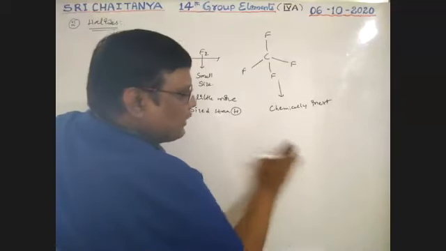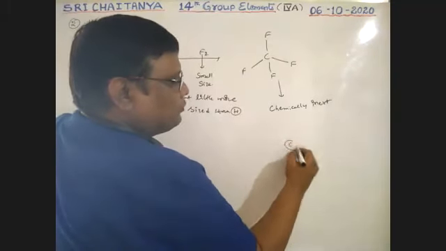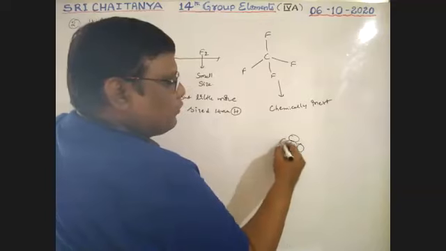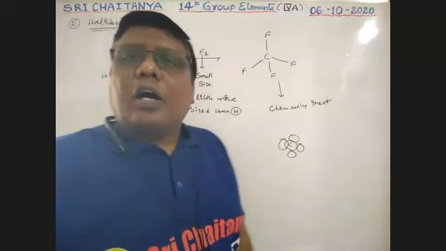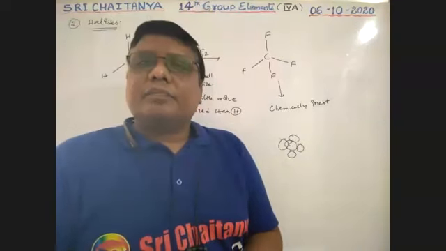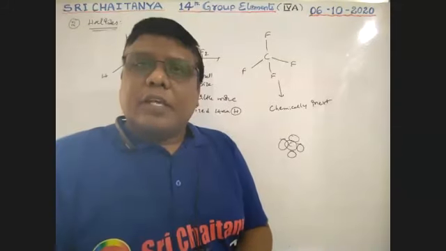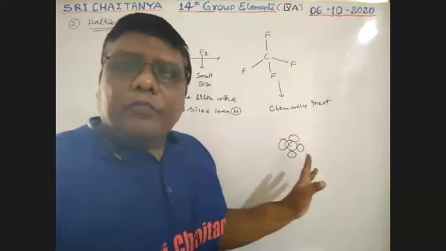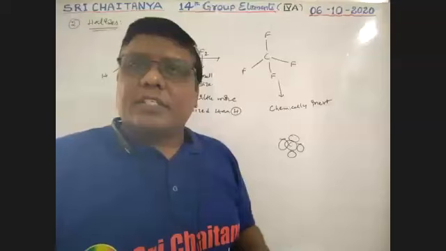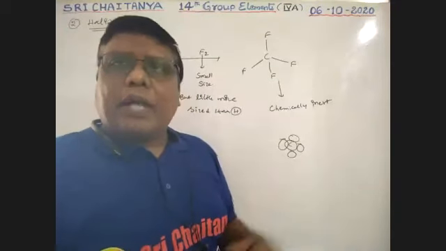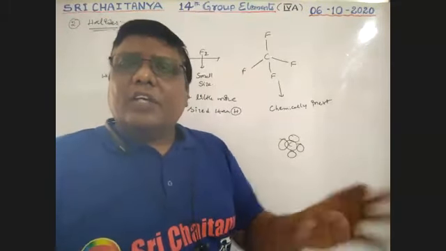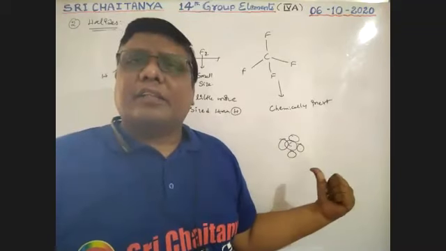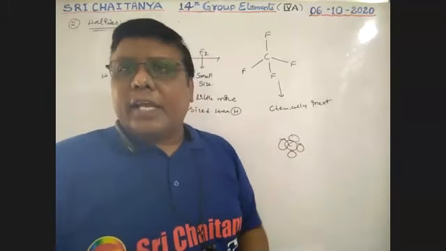So I am representing like this: carbon, all 4 fluorines are like this. So almost no gap for the attack of next elements on carbon. Because of that, no further element reacts with carbon if fluorine is there.